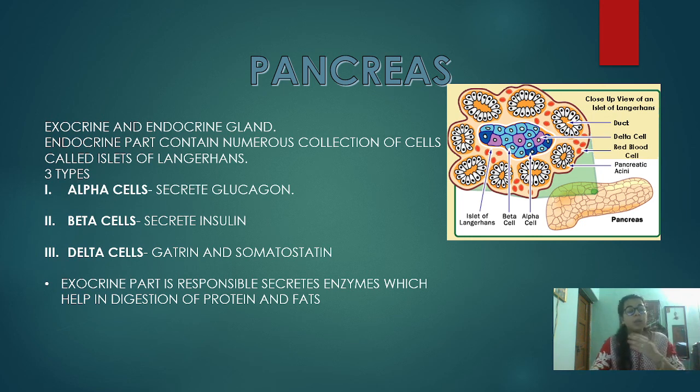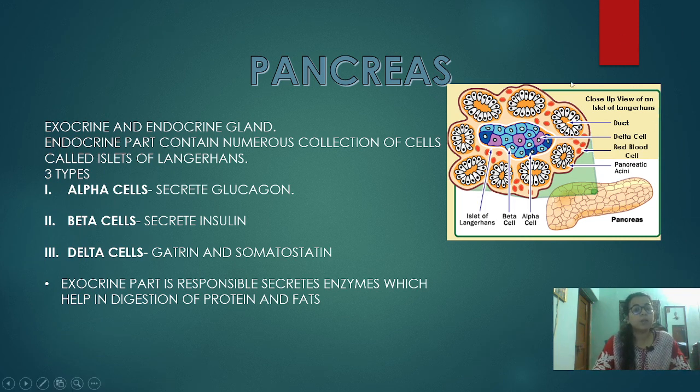And one more interesting point I want to discuss is that glucagon acts opposite to insulin. Moving to the next part, the delta cells secrete two hormones, that is gastrin and somatostatin. And what the roles of gastrin and somatostatin are, we will discuss in the next video.